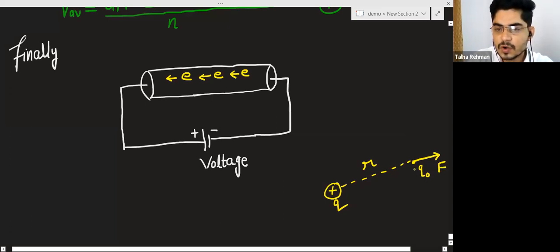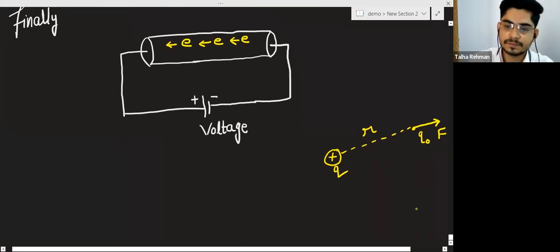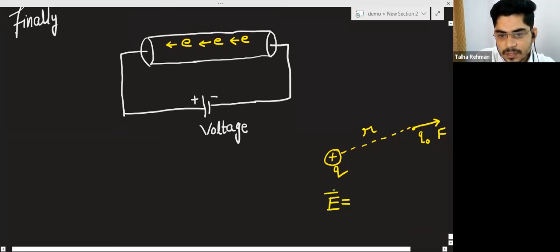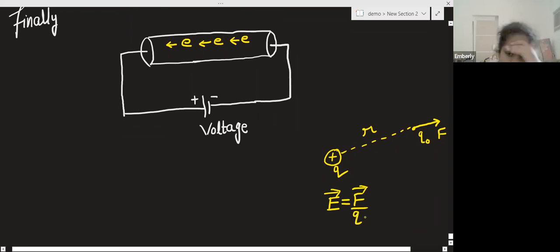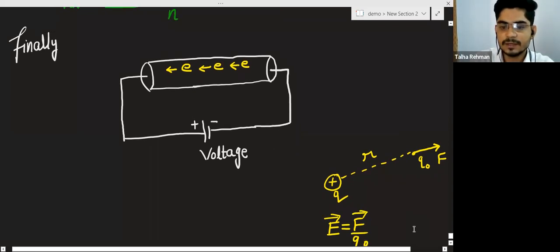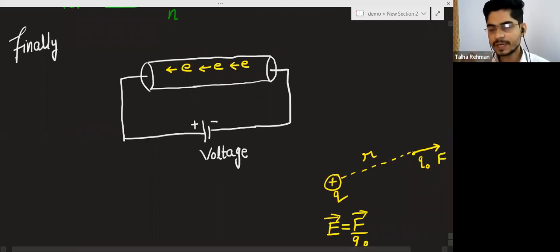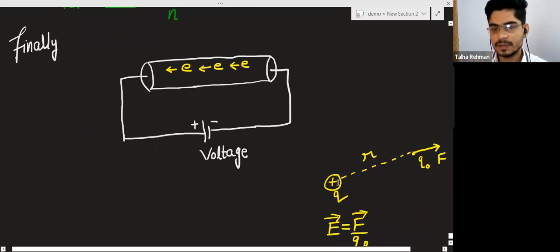The electric field is the force divided by the test charge, so the direction of electric field is the direction of force. The direction of electric field is away from the positive charge.